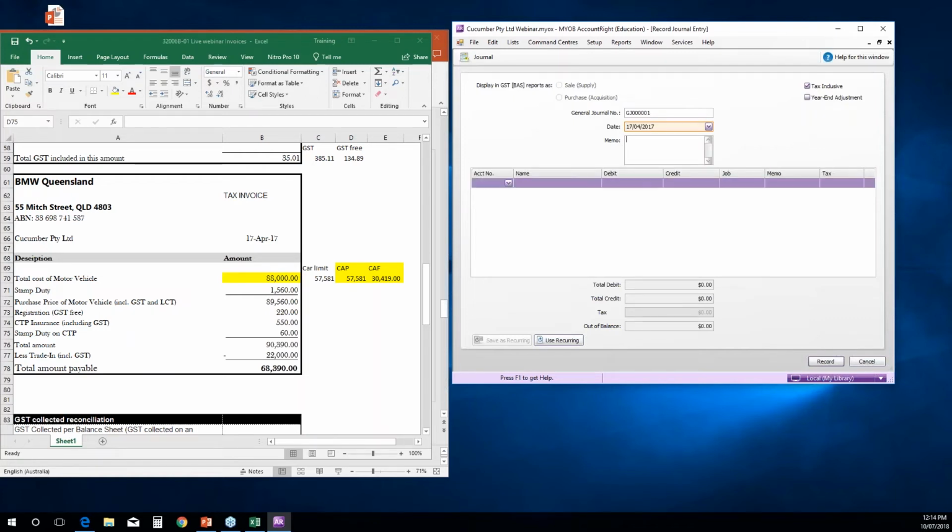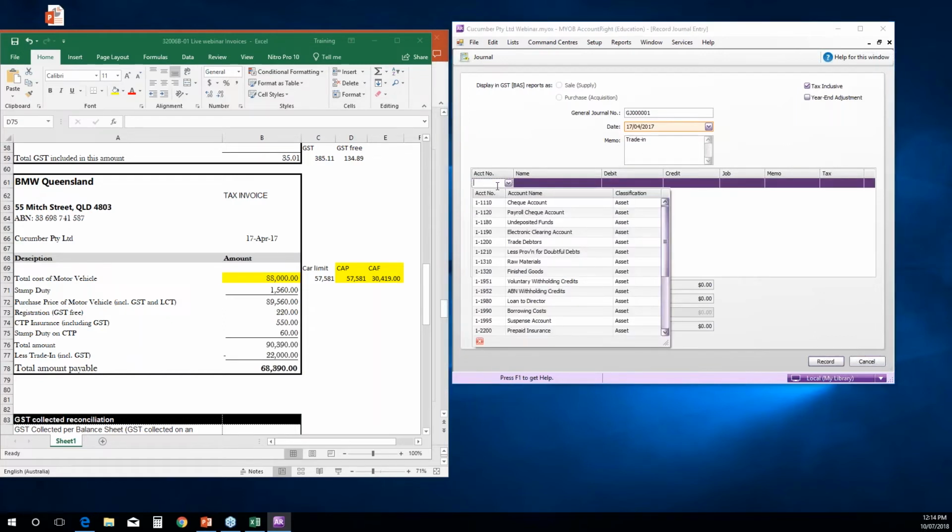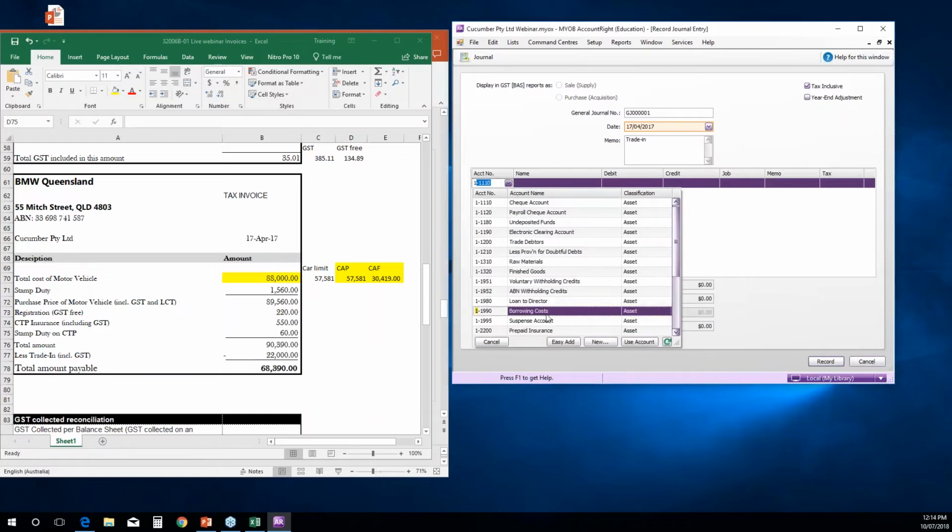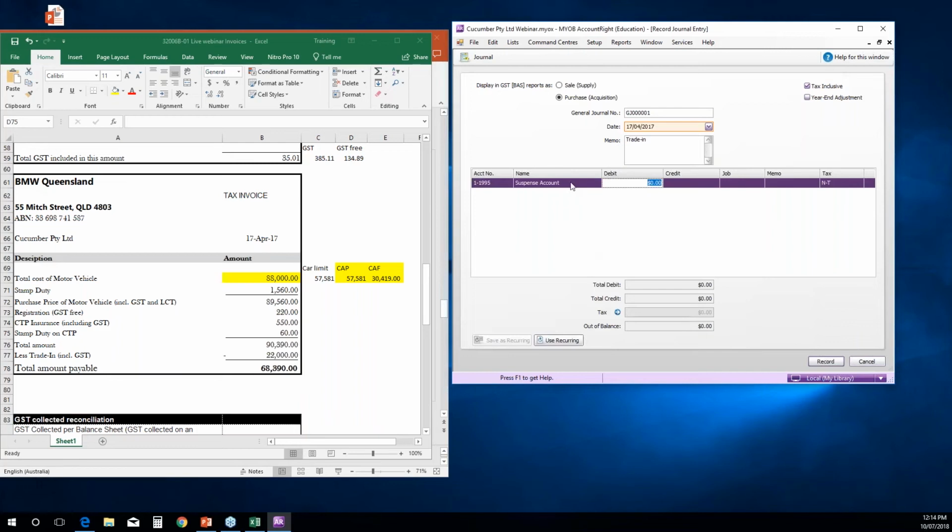We have trade in, right? And the trade in suspense account was 11995. So I'm going to debit, clear that out. It was in the credit side before to reduce your loan payable, but I'm going to put it in the debit to clear that suspense account.